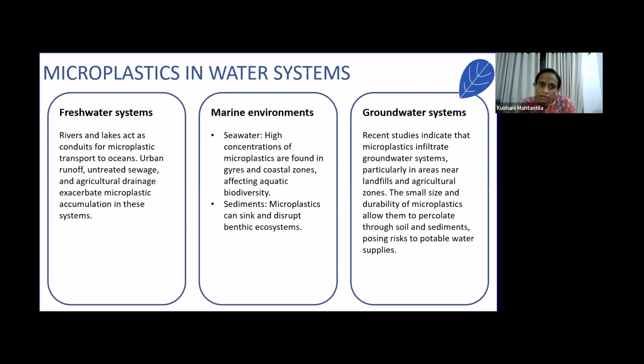Without a doubt, our marine environments are also highly contaminated with microplastics. Recent studies also indicated groundwater contaminated with microplastic near landfills and agricultural zones. These microplastic particles are very durable, so they can percolate through the soil and sediment systems, posing risk to potable water, because we all know we take fresh water and groundwater for drinking.